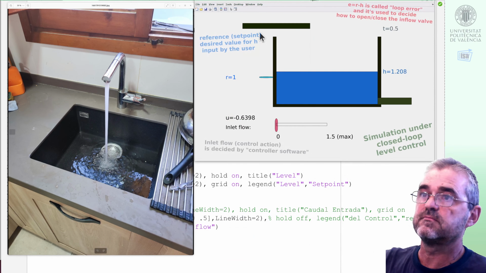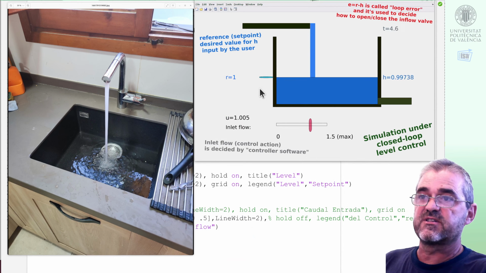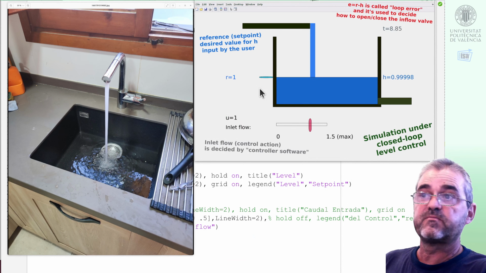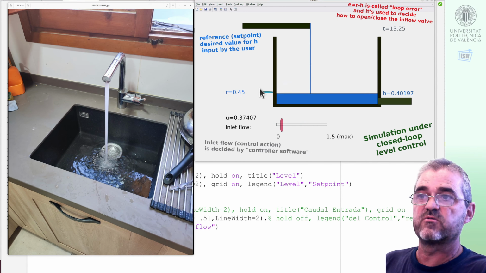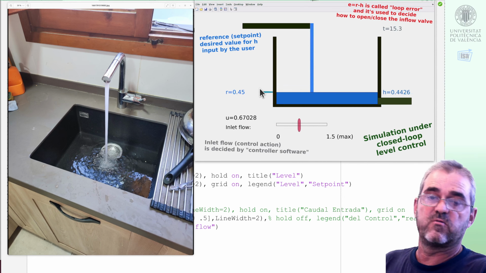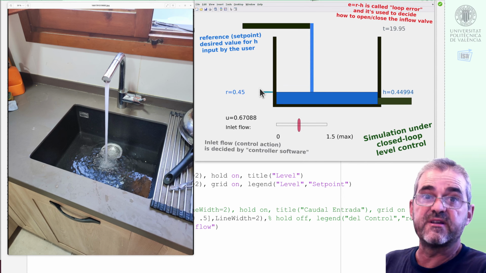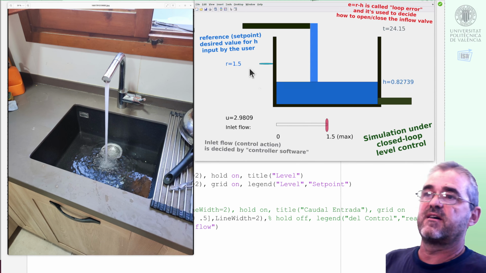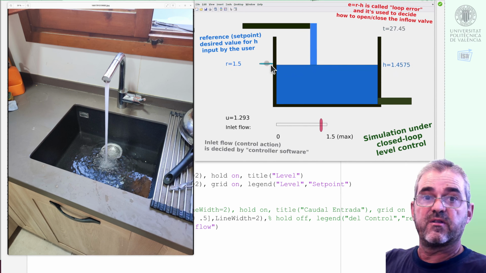I mean, in this case, what the user inputs is a desired level, and then automatically, if the user wants a lower level, then something closes, and then when the level reaches below the desired one, then it opens the valve.